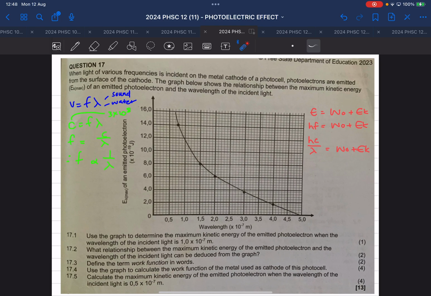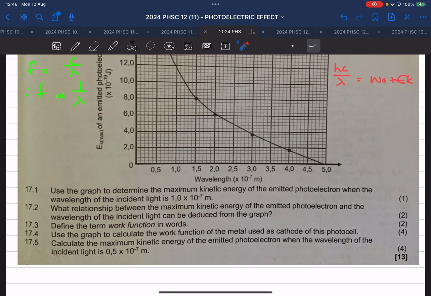Okay, so if you take another point, your answers will be different. I'm not going to do that calculation now. So you're going to choose a point on the graph and put it into this formula. Just write down this formula.